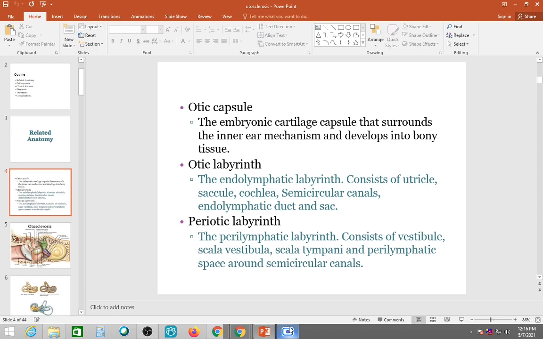Endolymph is inside, surrounded by the perilymph, and the endolymph and perilymph are carrying fluid continuous with the cerebrospinal fluid. I will show these structures in pictures in a later slide. Just try to understand the anatomy so that we will understand more when we discuss the disease condition. These are the three subtopics. Are you getting me?